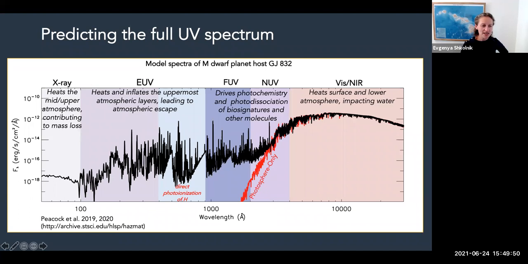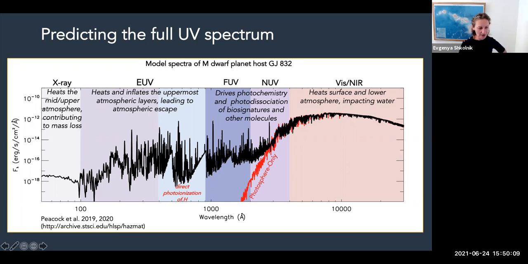So finding ways to predict this by using the observations is really the strategy moving forward, and one that we have adopted. And if you're interested in using these models, they are archived at MAST, at the Space Telescope, under this URL. So you can find what we've done up there.